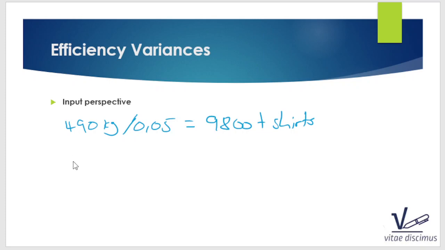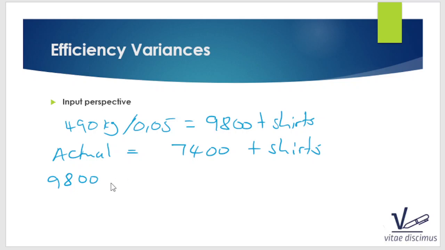But what did it actually produce? It produced only 7,400 t-shirts. So we have a problem: 9,800 should have been produced, but only 7,400 were produced. The difference between the 9,800 and the 7,400 is 2,400 t-shirts that were not produced.